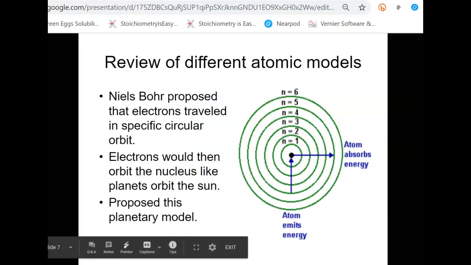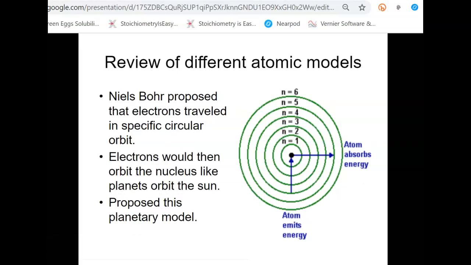We are talking about Niels Bohr now, and you have learned about Niels Bohr before because you've learned about the Bohr model. And in the Bohr model, Niels Bohr proposed that electrons traveled in specific circular orbits. Now, do you notice that he's not talking about protons?